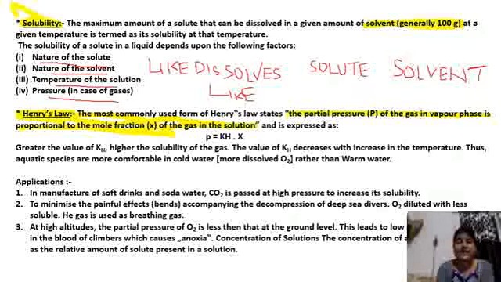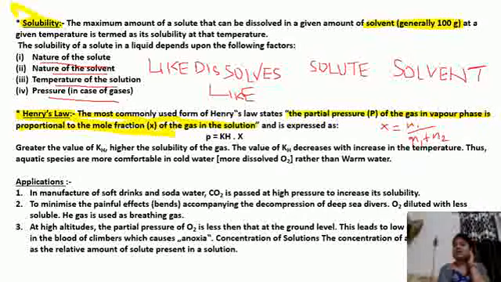We all know very well that the mole fraction is the ratio of moles of solute or moles of solvent divisible by total moles of solution. ठीक है, mole fraction is equal to either moles of solute or solvent, जिसका भी हमें mole fraction निकालना है वो, upon total moles of solution.